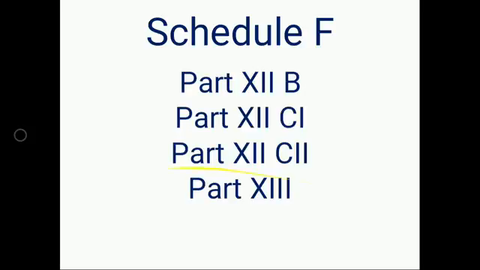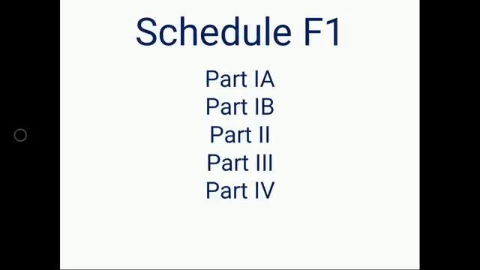Then next schedule is schedule F1. It is further divided into 5 parts: part 1a, 1b, part 2nd, 3rd and 4th. 1a deals with the provisions which are applicable to the production of bacterial vaccines, right? Bacterial vaccines, please note this point. It is the provision which is applicable to the production of bacterial vaccines. The same provisions which are applicable to production of viral vaccines, that are covered under part 1b.